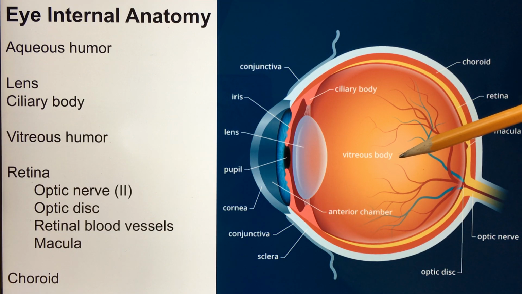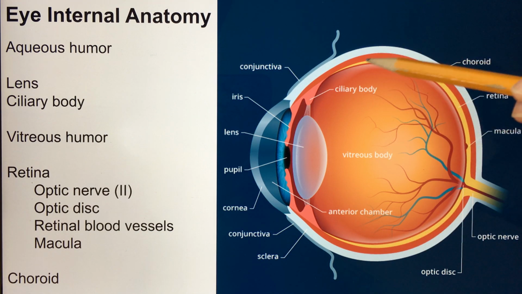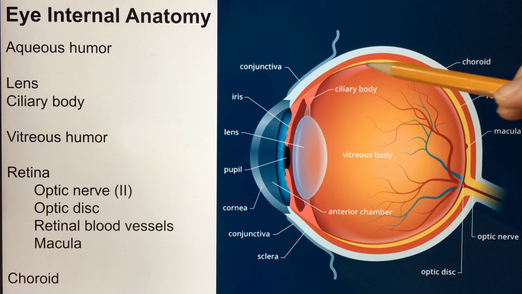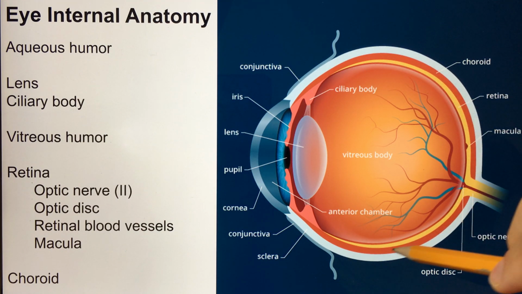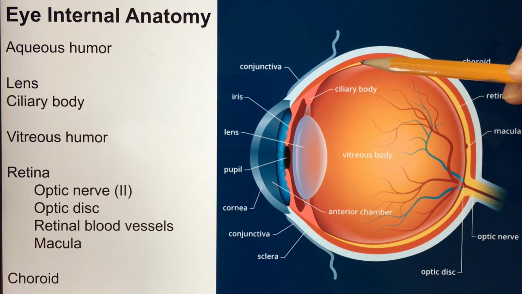The vitreous humor, or vitreous body, keeps the eyeball full. It maintains its shape by creating pressure inside of the eyeball, and actually helps to keep the retina connected to the back of the eyeball, because the retina itself is a neural tissue. It's highlighted here in yellow, and it's made out of lots of photoreceptors and neurons, and it doesn't have any kind of connective tissue.